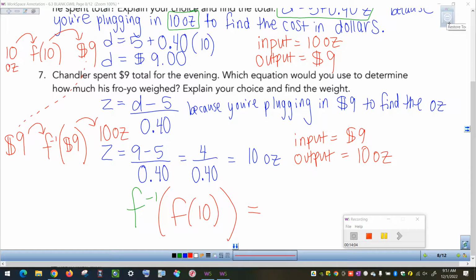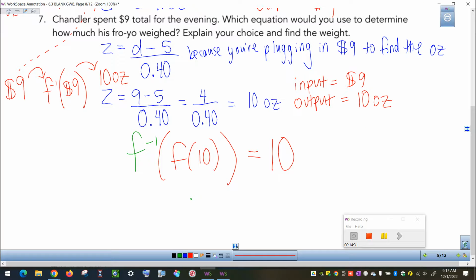So hang with me. If we start with the f of 10 in the middle, that's what we did here, right? f of 10 is 9. We got an answer of 9. Then, when we did f inverse of $9, when we put $9 in the inverse, it got us back to where we started. Our final answer was 10. So f inverse of f of 10 equals 10.